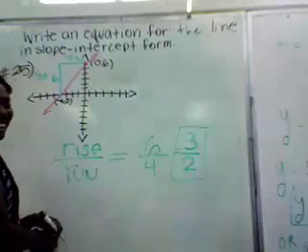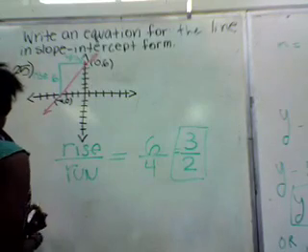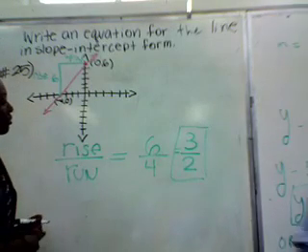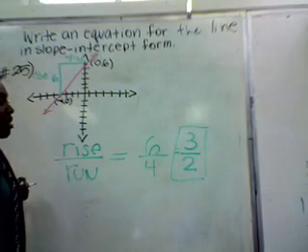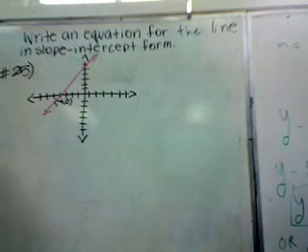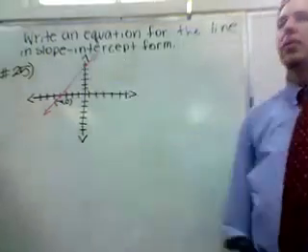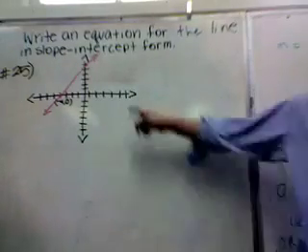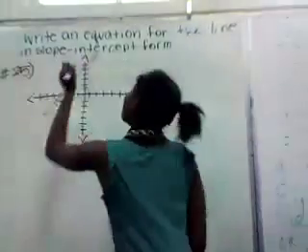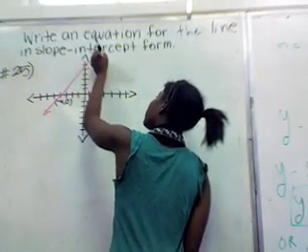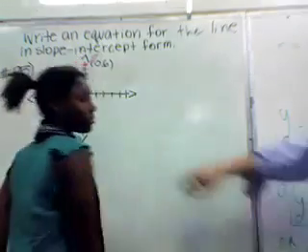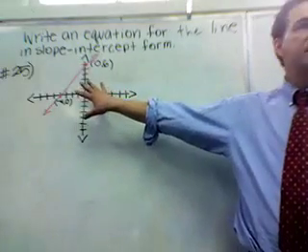What is the y-intercept? It's 6. What are the coordinates at that point? That is 0, 6. The x coordinate is 0 because it's the y-intercept. Good stuff.